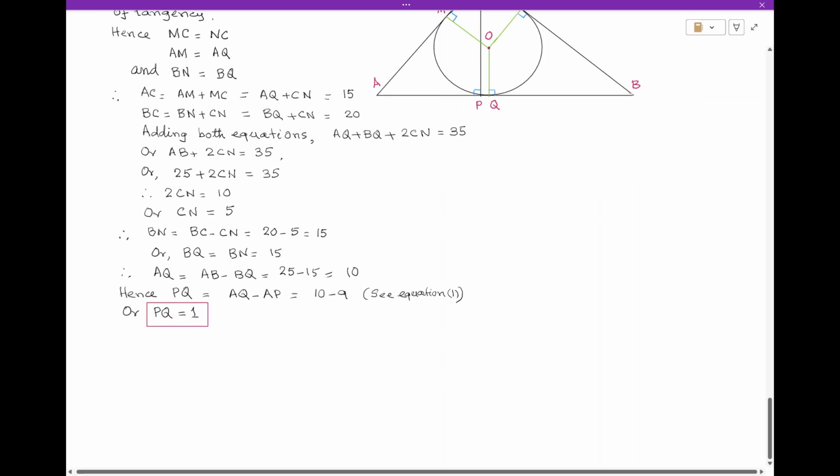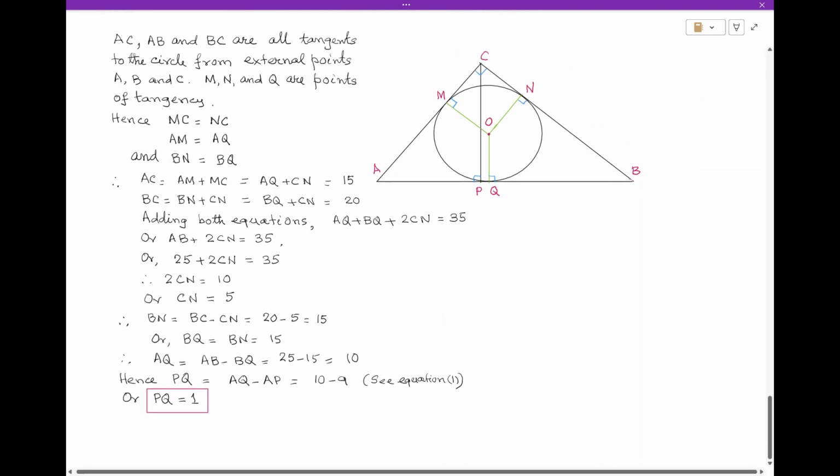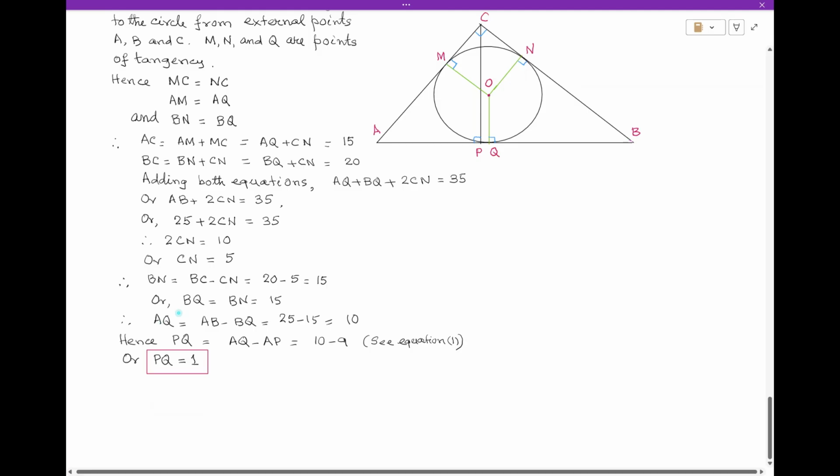So BQ, which is the same as BN, is equal to 15. So AQ will be AB minus BQ, and AB is 25 and BQ was just found to be 15. So AQ is equal to 10.